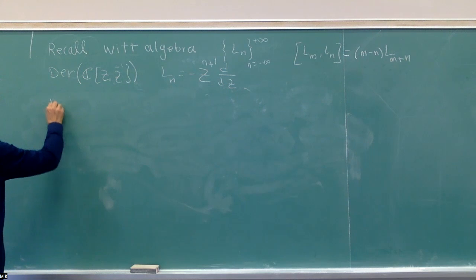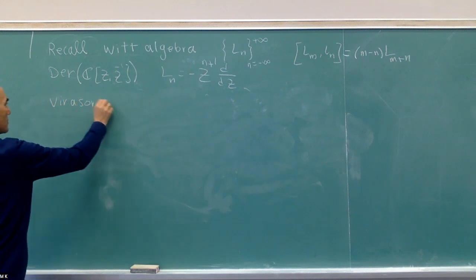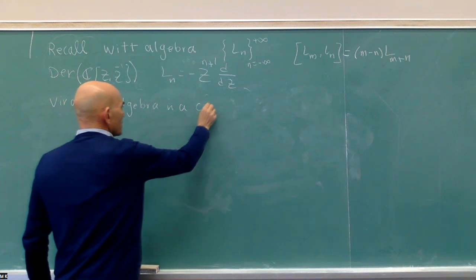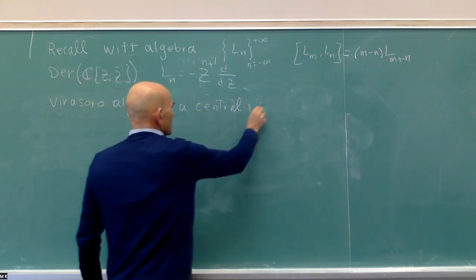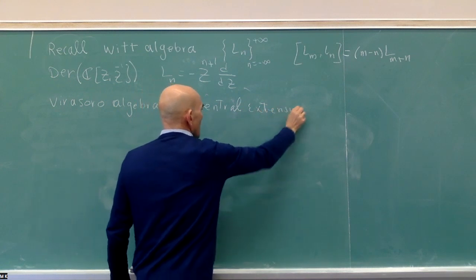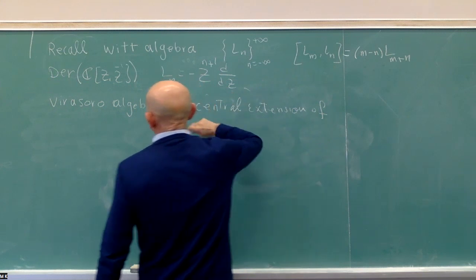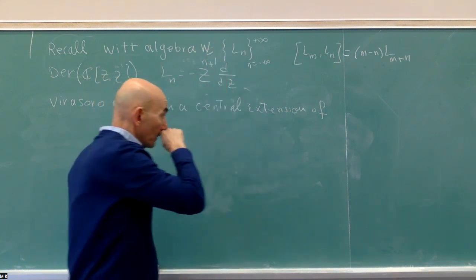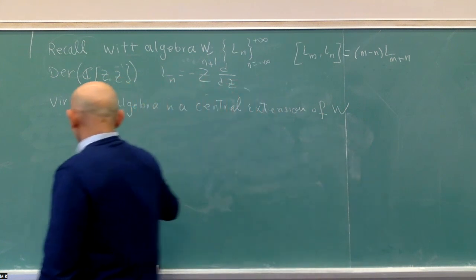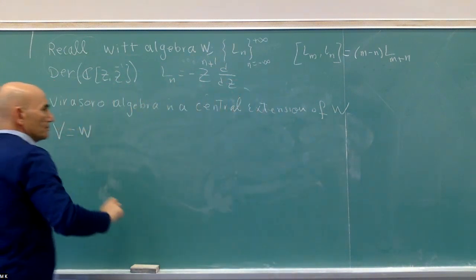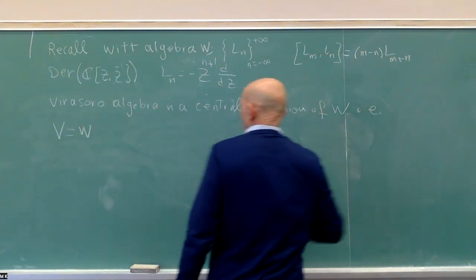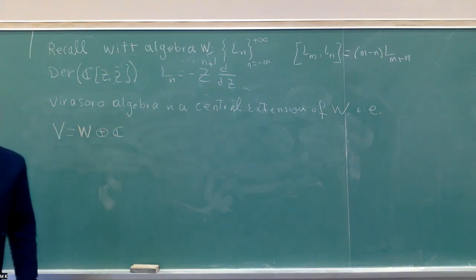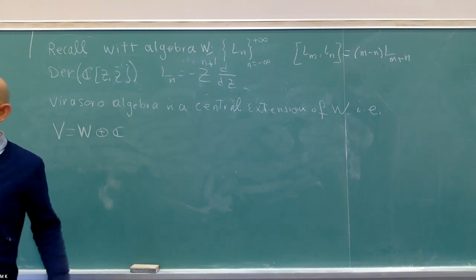The Virasoro algebra is a central extension of, maybe I call this the Witt algebra W. So V is equal to W direct sum C, where we have a bracket.